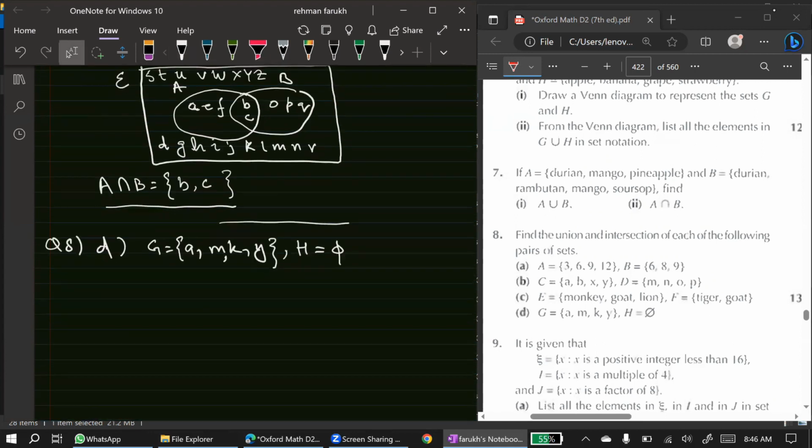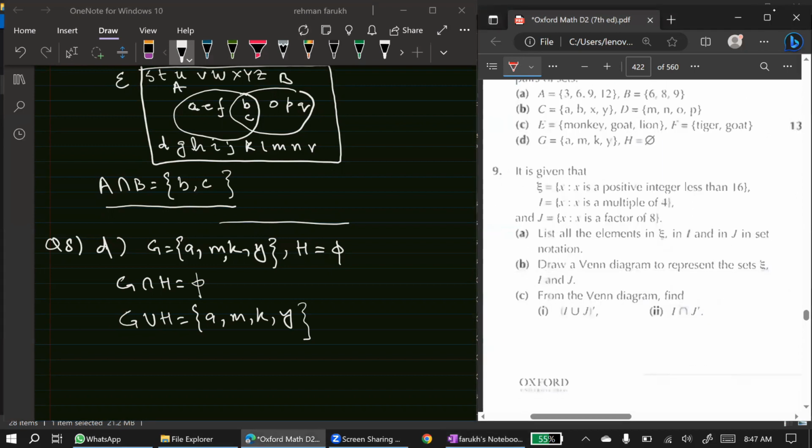Now G intersection H. G intersection H mein koi common element batayein. So this one is empty set. There is nothing common between G and H. G union H. We will write down the elements of the first set along with the second set, avoiding the repetition. So there is no element in H. So this one is G union H.